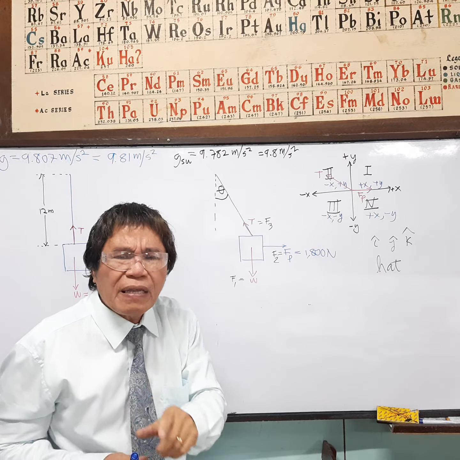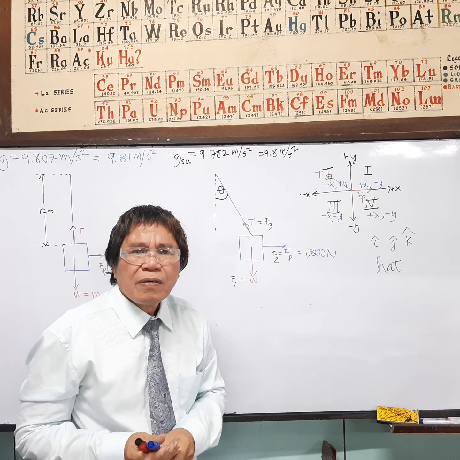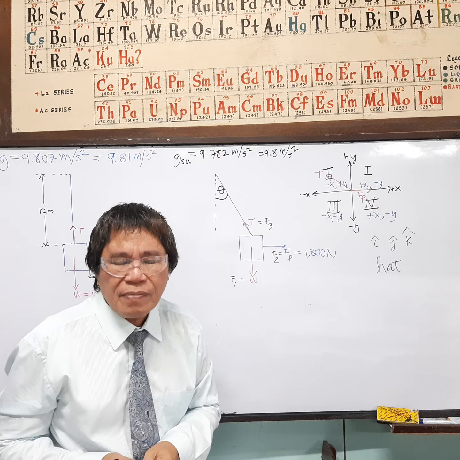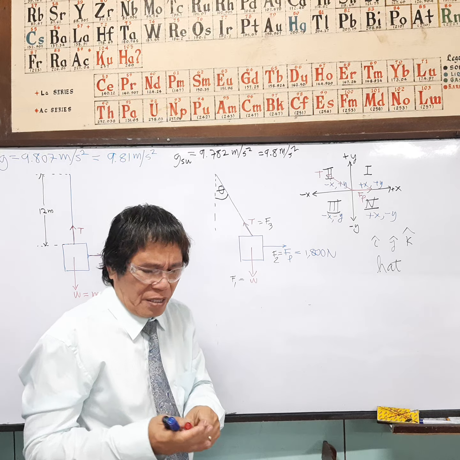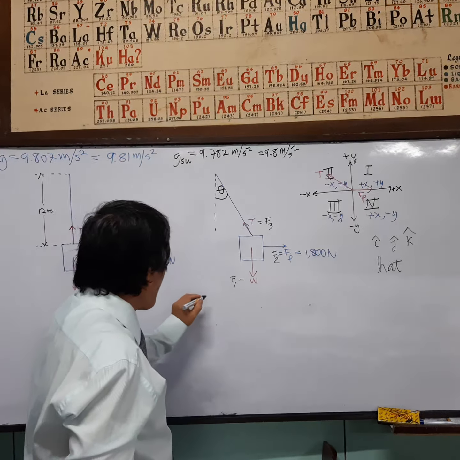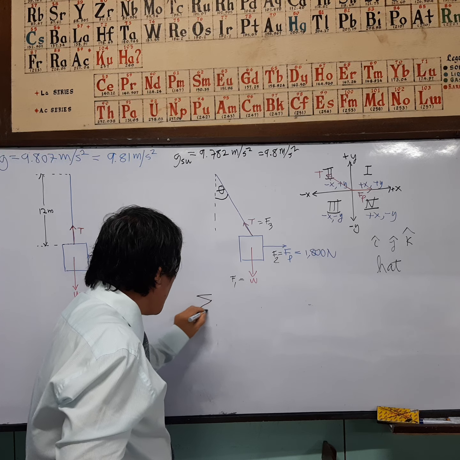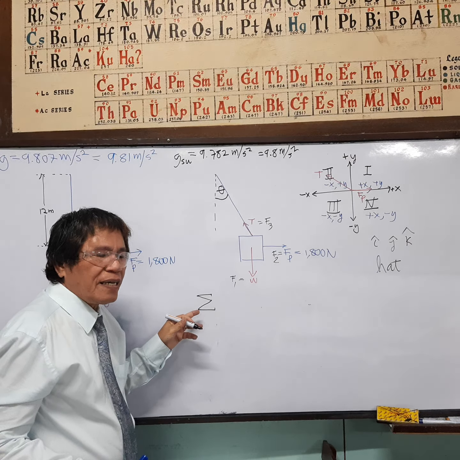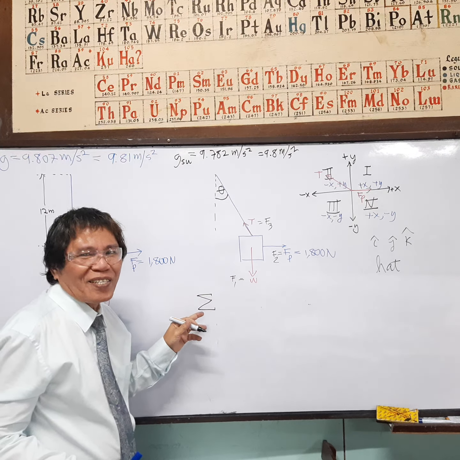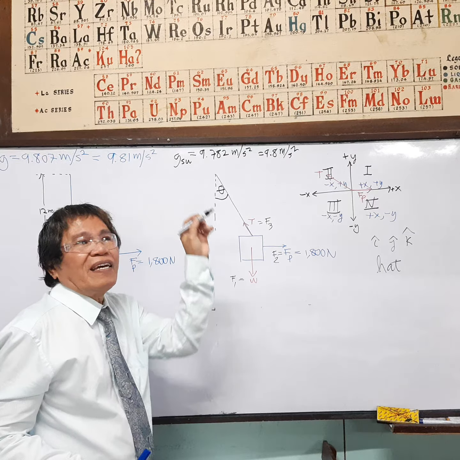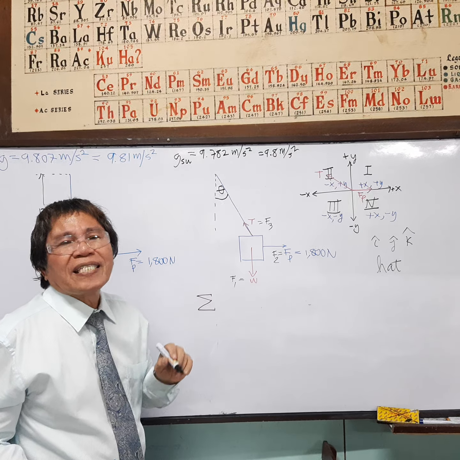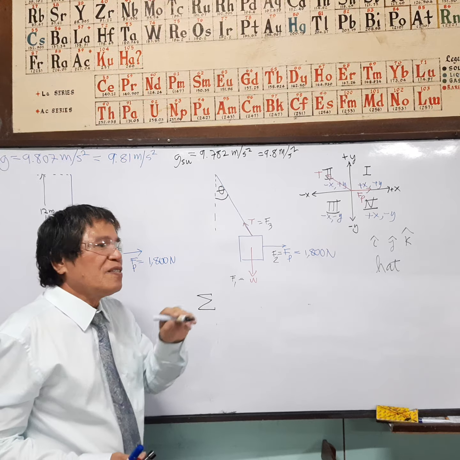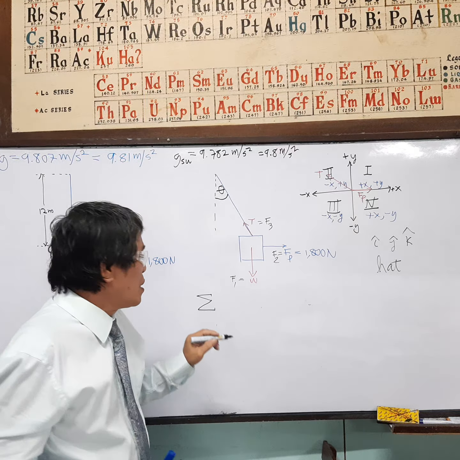And at that particular angle, the problem assumes equilibrium. If that is so, then we are going to have the summation of forces. This is the Greek letter sigma, for letter S in the English alphabet. Summation, the sum.